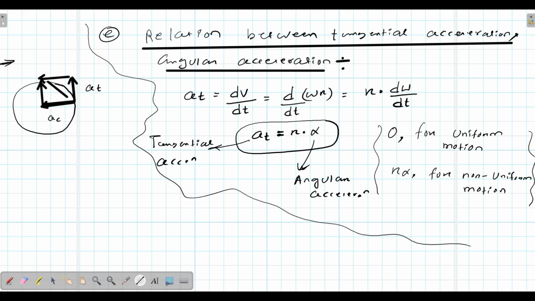So resultant acceleration, AR is the resultant acceleration. Resultant acceleration equals to square root of AC square plus AT square, that is square root of (V square by R) whole square plus (R alpha) whole square for non-uniform motion.